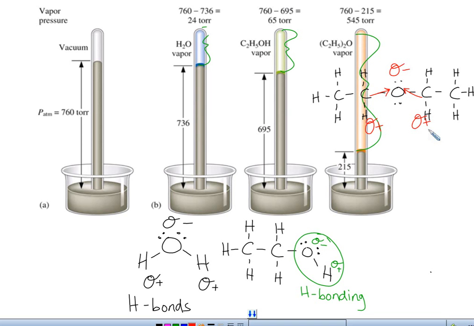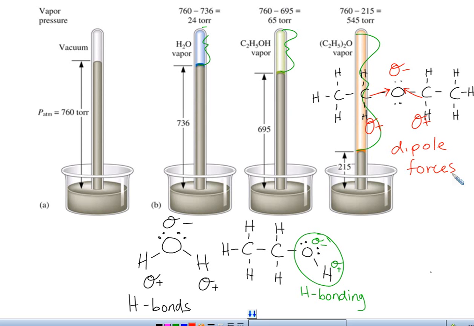So I do have some partial positive and partial negative charges, but I really only have dipole forces in effect with this molecule because there is no hydrogen bonded directly to the oxygen.